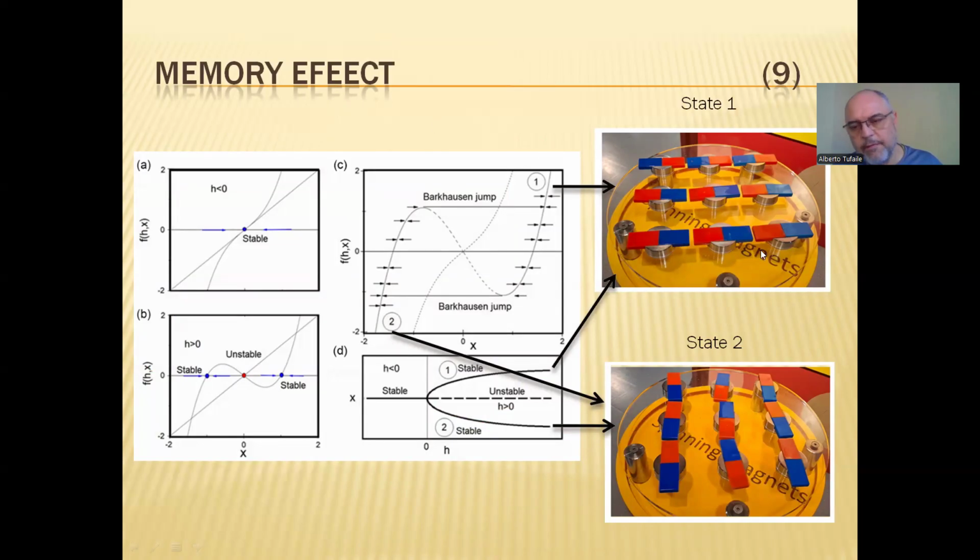If the system is coming from this part, it moves in this direction, and suddenly it jumps. In magnetism, it's called the Barkhausen jump. So in our model, using statistical mechanics, we are proposing that the jumping sundogs are related to the Barkhausen jump.